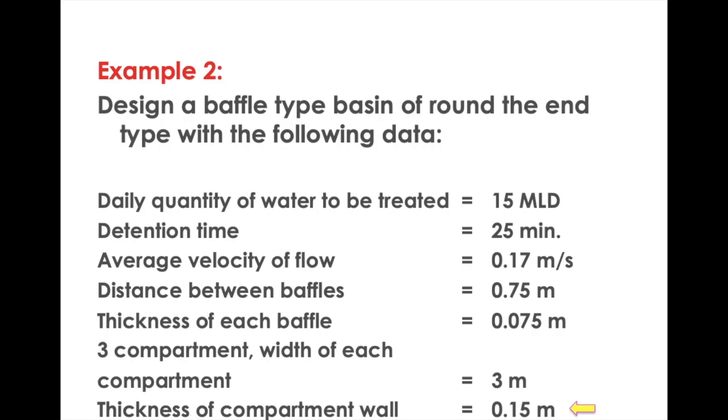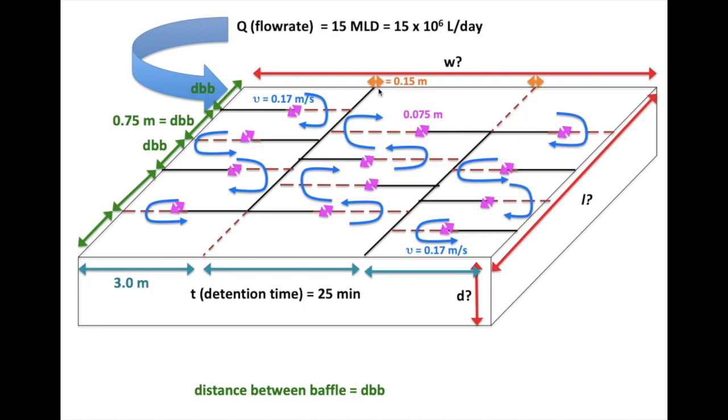What about the thickness of the compartment wall? The thickness of the compartment wall is 0.15 meters, and this is the wall as I have already explained to you in my first video. So the thickness of the wall is 0.15 meter.